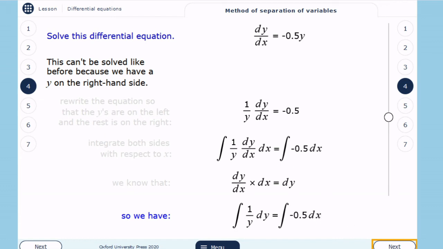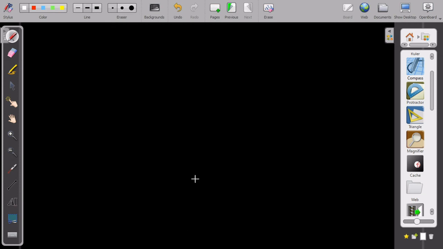We can use this method also: instead of differentiating both parts, it's dy over dx equals minus 0.5y.